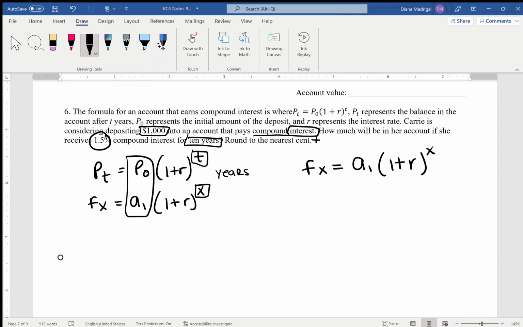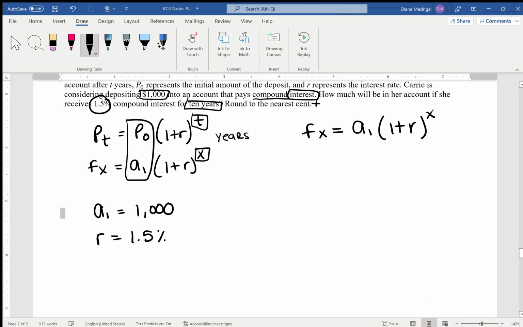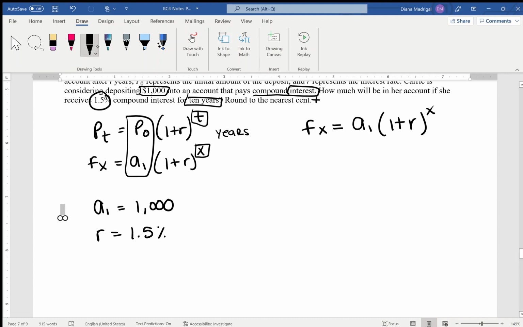So once again, let me help you out. A1 will be the $1,000. The interest, which is the ratio, will be 1.5%. Remember, you need to switch it, get rid of that percentage. Your x is going to be 10 because they're asking how much would it be in 10 years.